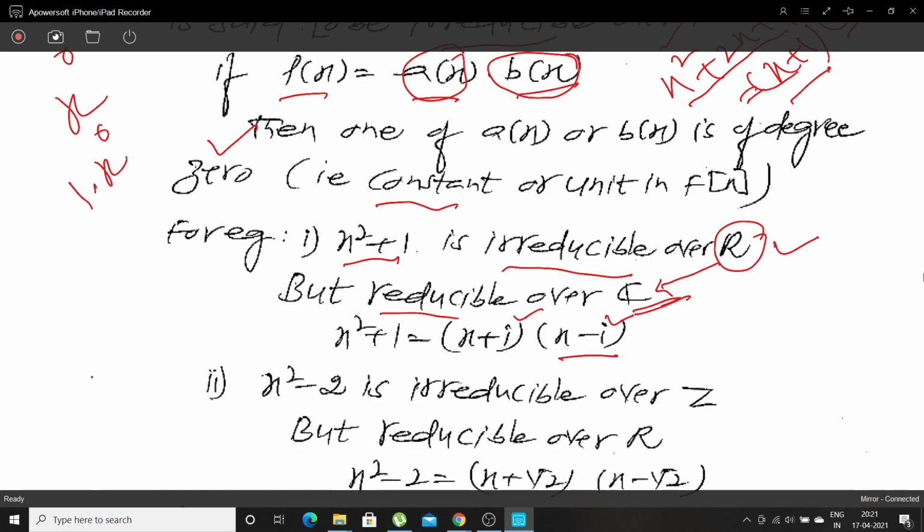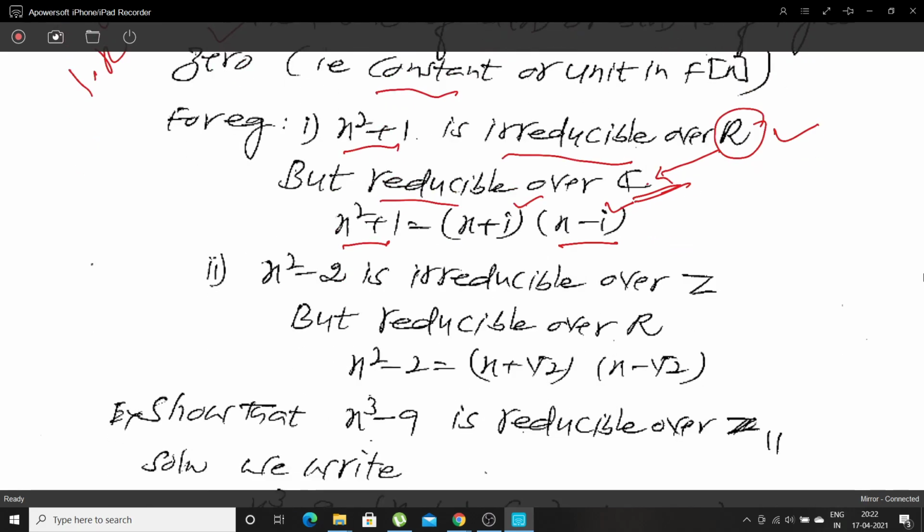We can rewrite this polynomial as x plus i into x minus i only when the field is complex. If it is real, I'm sorry, that means it is not reducible, that means irreducible. If it is the set of real numbers, the set of rational numbers, or the set of integers, then it is irreducible.